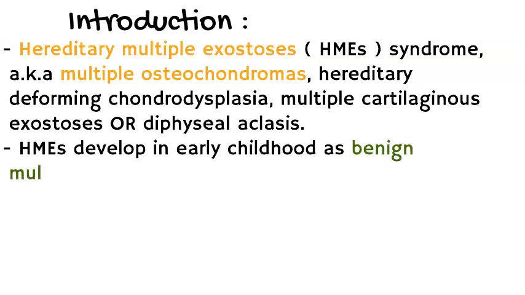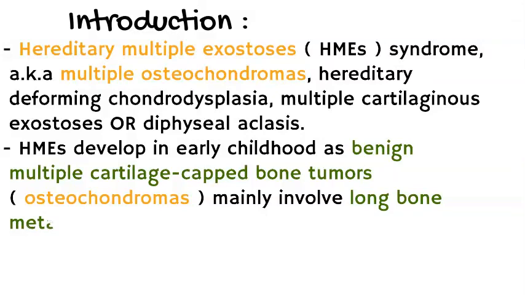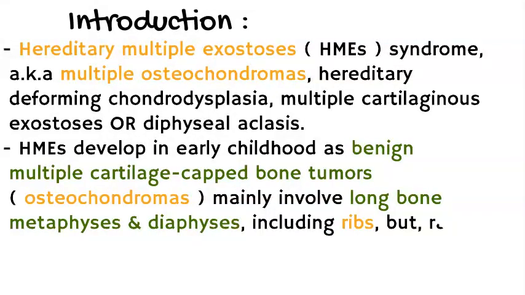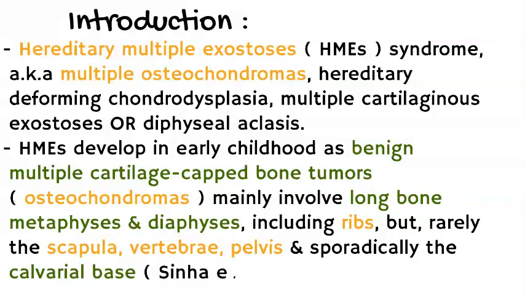HMEs develop in early childhood as benign multiple cartilage-capped bone tumors or osteochondromas, mainly involving the long bone metaphysis and diaphysis, including ribs, but rarely the scapula, vertebrae, pelvis, and sporadically the calvarial base. This is by Sinha et al., 2017.